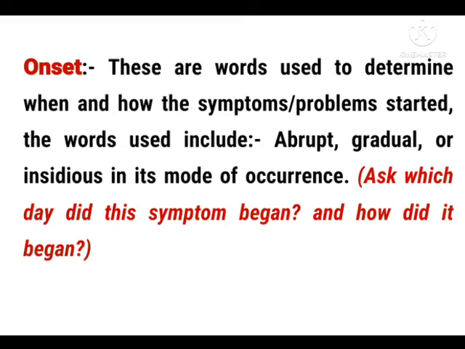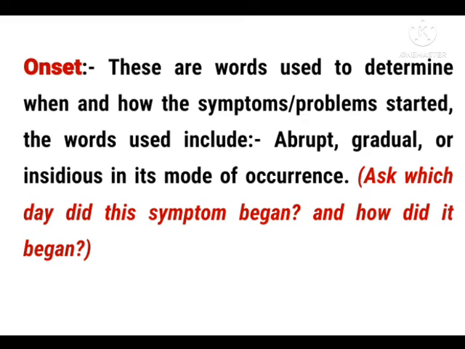Take for instance onset. You always have it at the back of your mind that every symptom has an onset. It has when it began. So these words are used to determine when it began. It can be abrupt, that the condition just started.